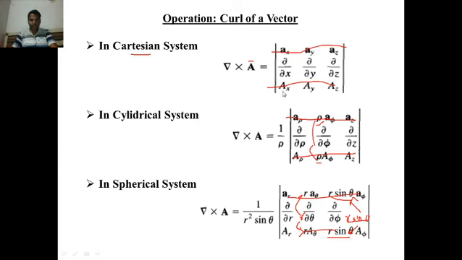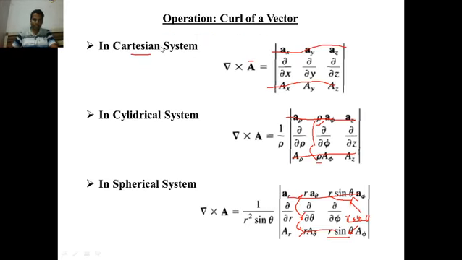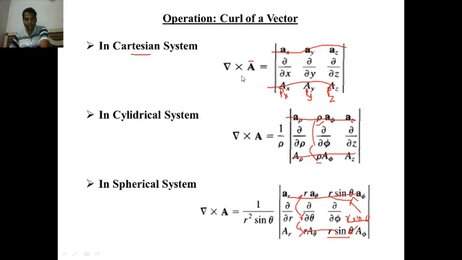In the third row, px, py, pz. You write down here. What is px? Px is x square yz.